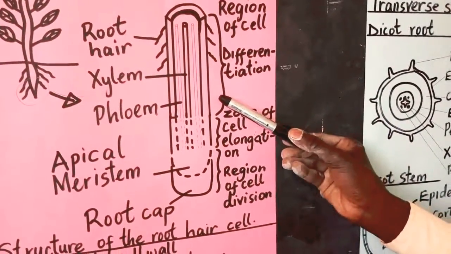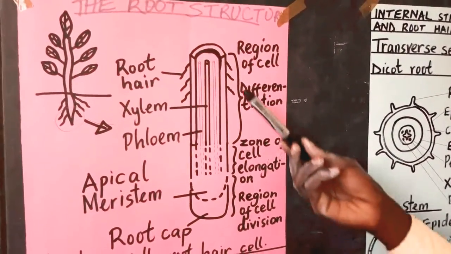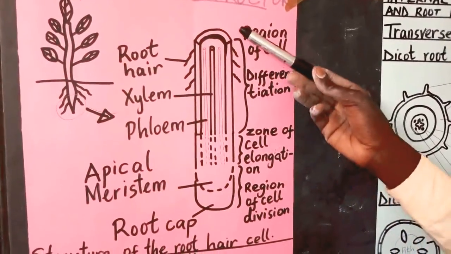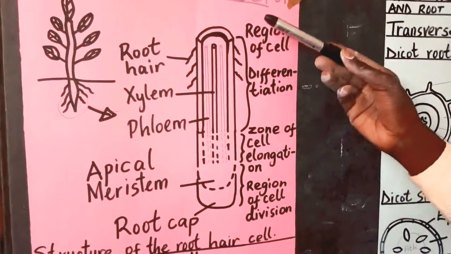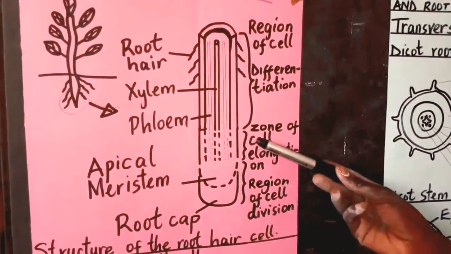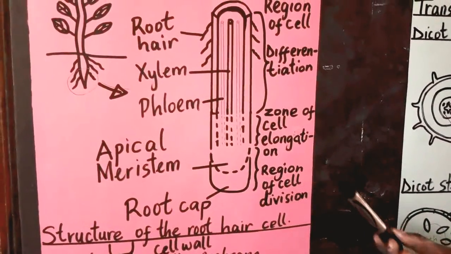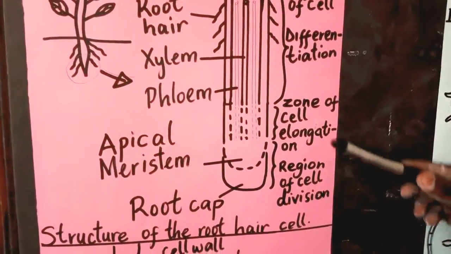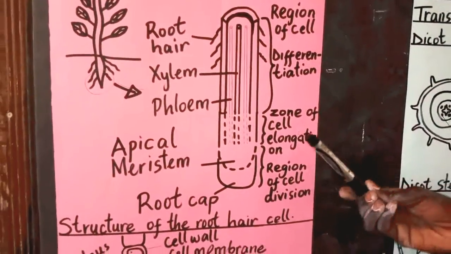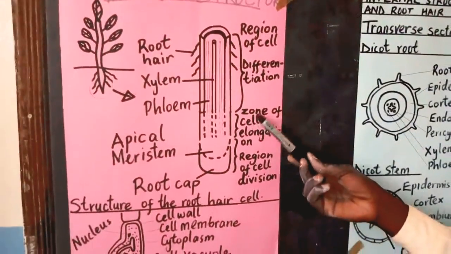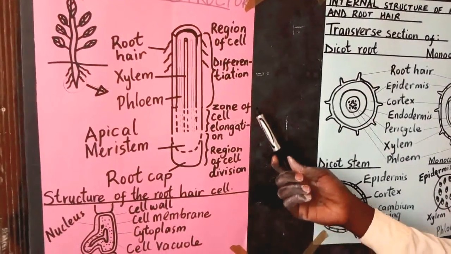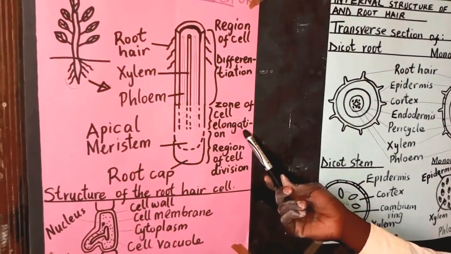The region of cell differentiation comprises structures which are fully developed and mature, while the lower part comprises cells which are yet to mature, but they are just about to differentiate. That region is referred to as the region of cell elongation.